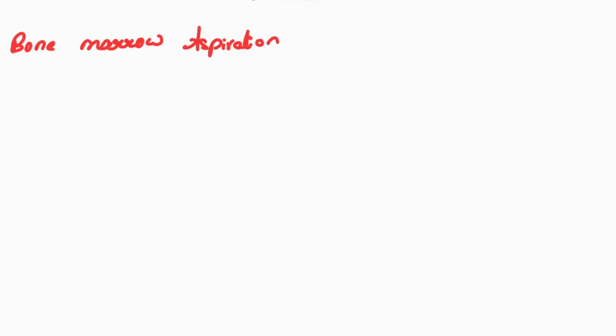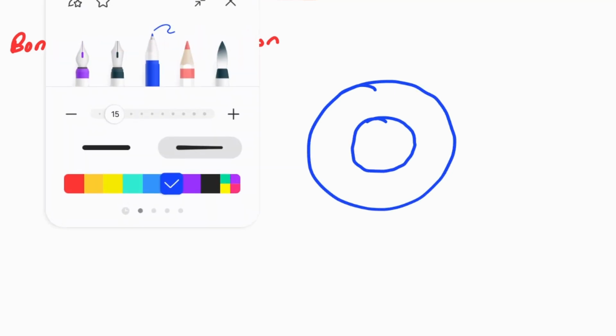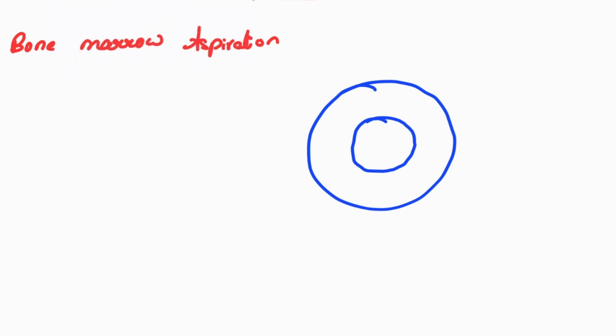For example, let me draw a mitochondria for you. This is mitochondria. That is the nucleus, and in the perinuclear location there will be mitochondria, and in this mitochondria you can observe the accumulation of iron. So iron is present in the perinuclear sites.